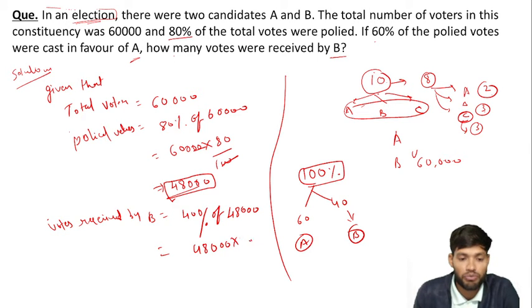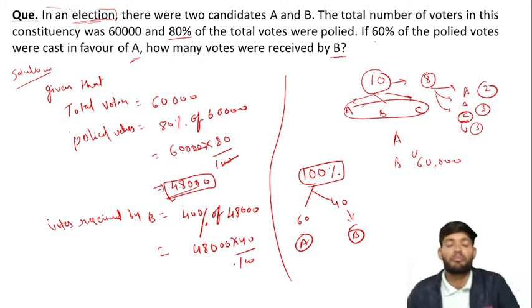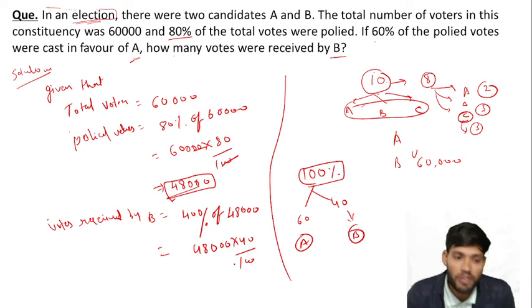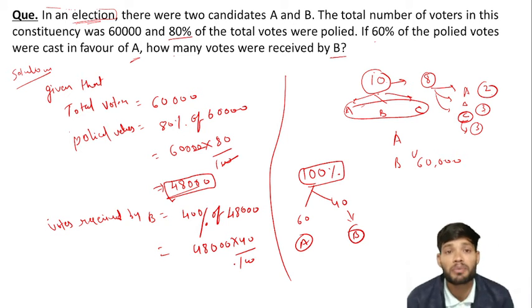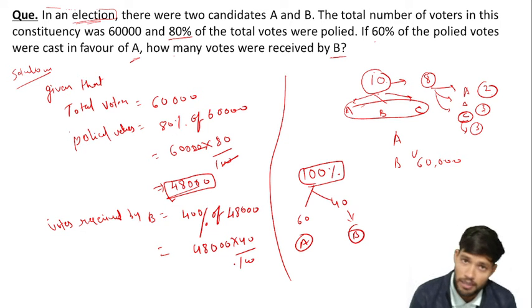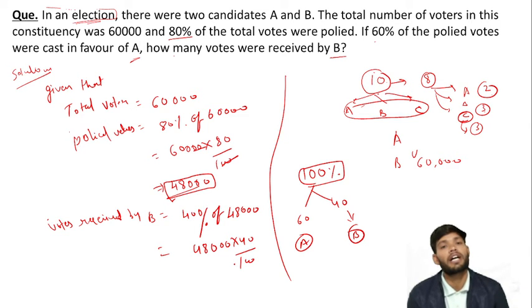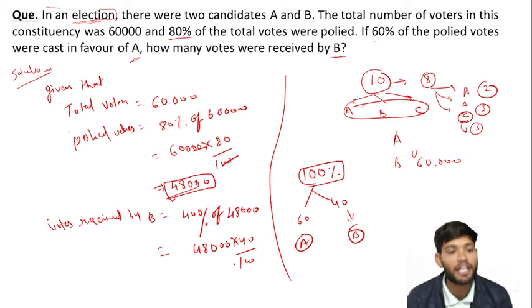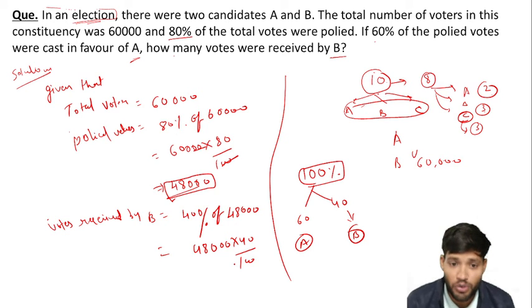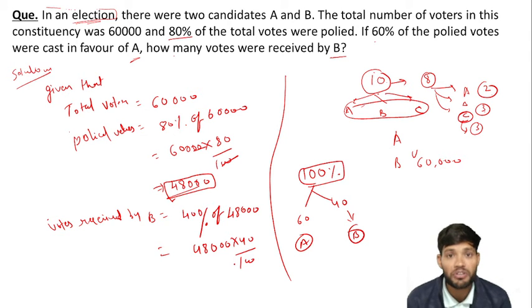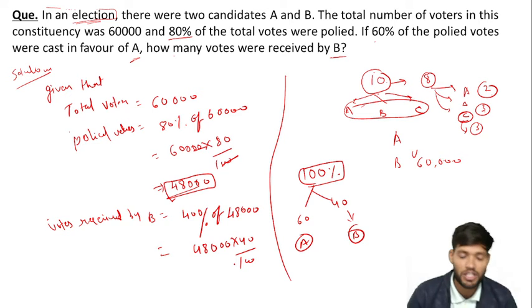We calculate 48,000 into 40 upon 100, because total number of votes was 60,000 but 20% of voters did not come to vote, so only 80% voting happened. So 80% of 60,000 voted, meaning the polled votes are 80% of 60,000, which gives 48,000.